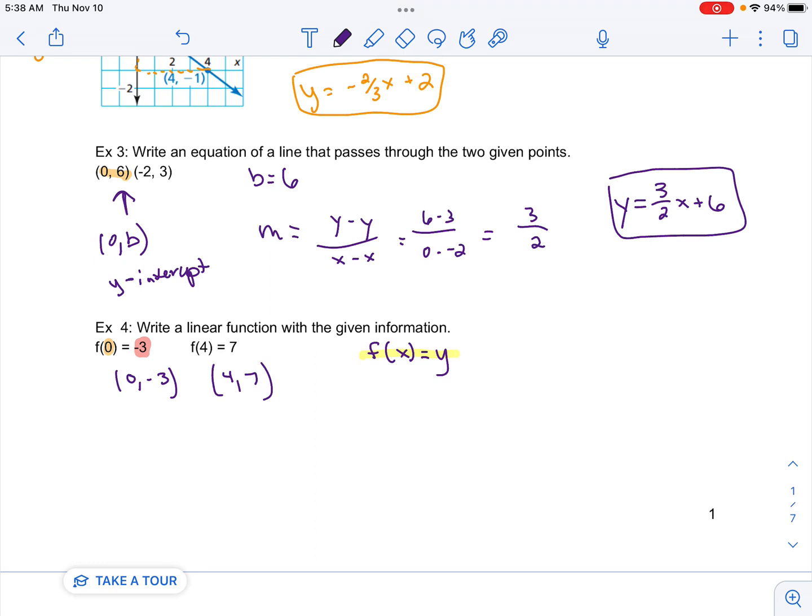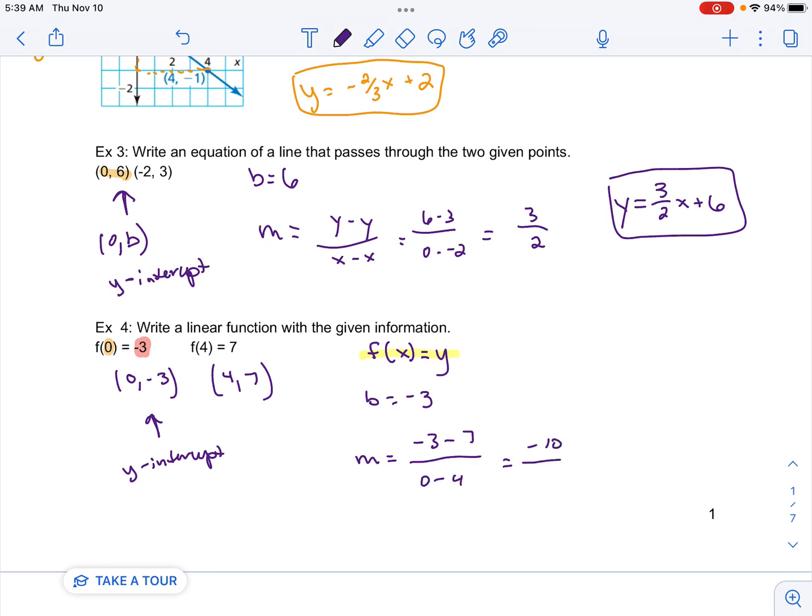Now that I have this out of function notation, this is the same format as example 3. I know that b is -3, and my slope I need to find. So I have -3 minus 7 over 0 minus 4.